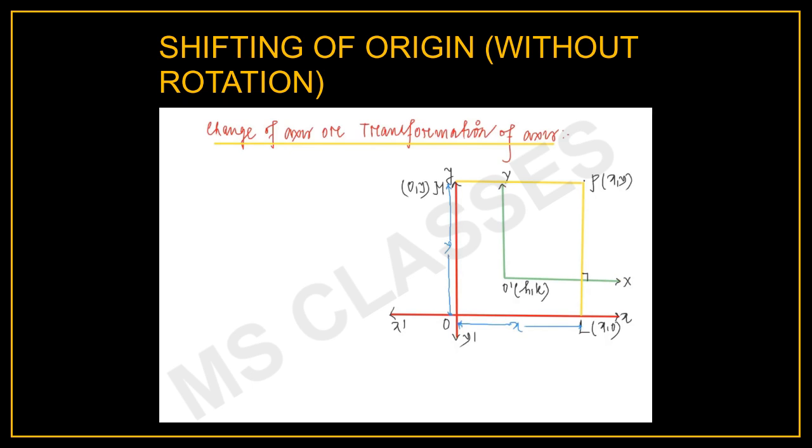So this will have new coordinates capital X, capital Y. Now this will be our capital X and this is our capital Y. Now this point which we have taken as the new origin has coordinates H, K. So this is H, this is K.